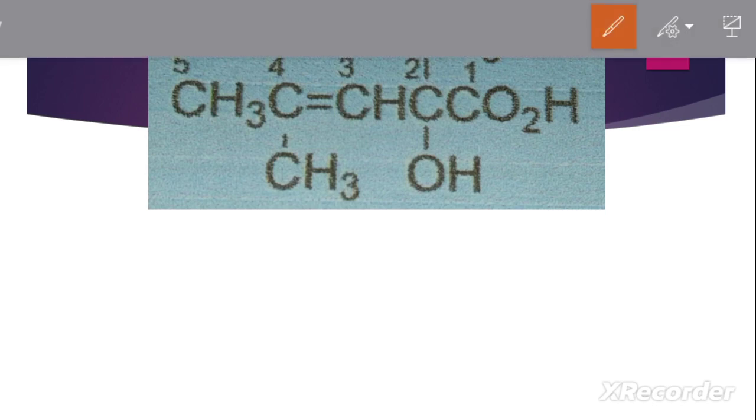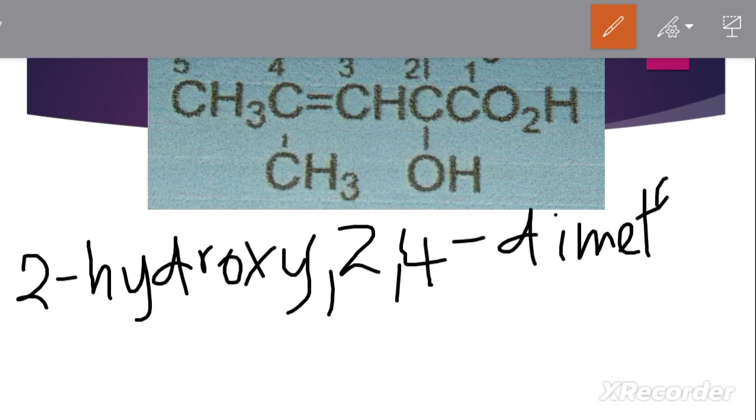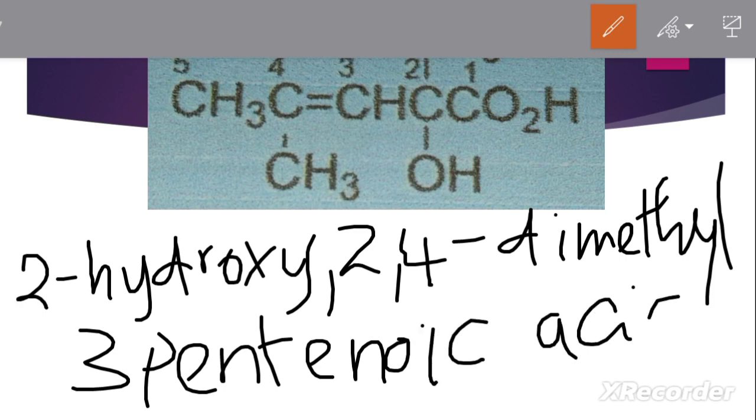So here, 2-hydroxy, 2,4-dimethyl, pent-3-enoic acid. So this is the IUPAC name according to the steps discussed.